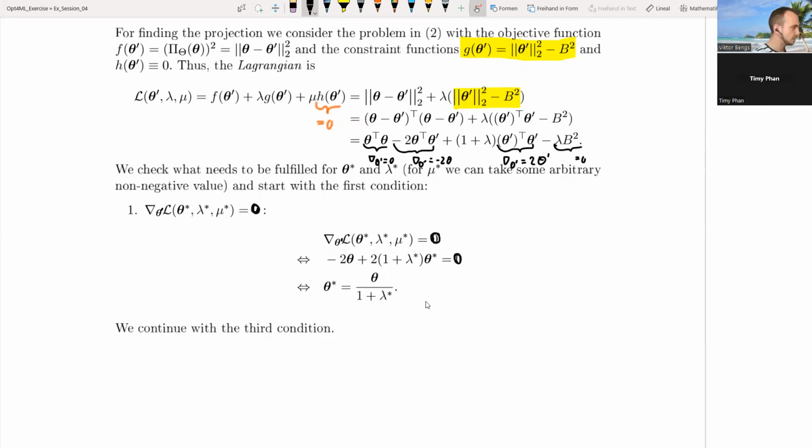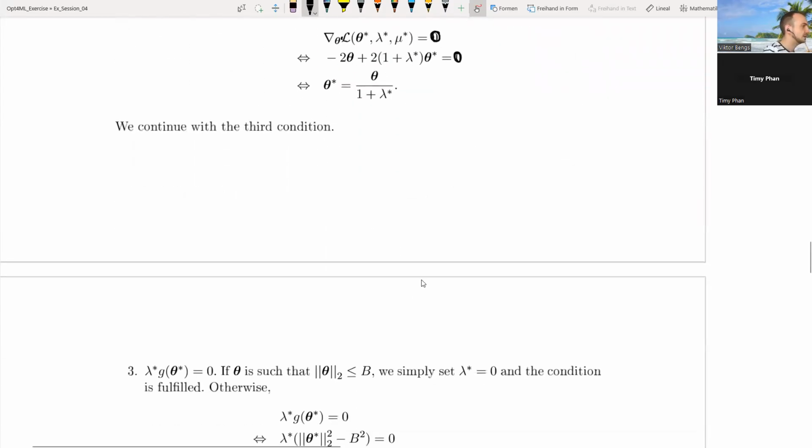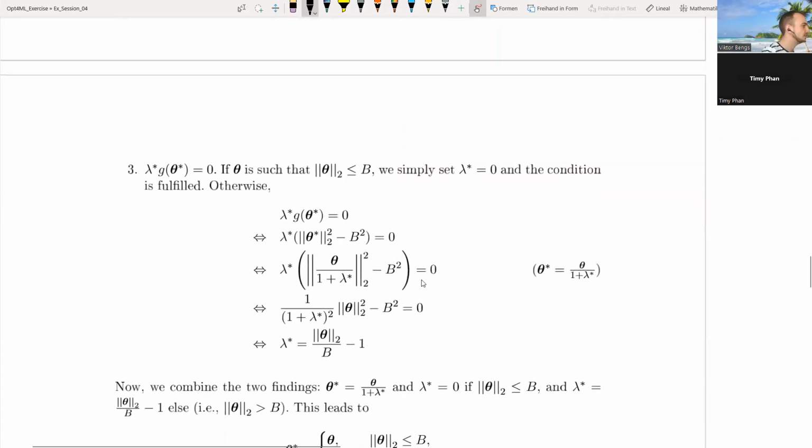So this is essentially telling us what the local minimum looks like in dependence on lambda star. But lambda star is still not specified yet. We can specify it by considering the third Karush-Kuhn-Tucker condition, which is telling us lambda star multiplied with g of theta prime should be 0.